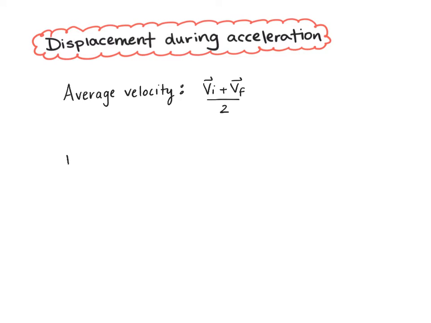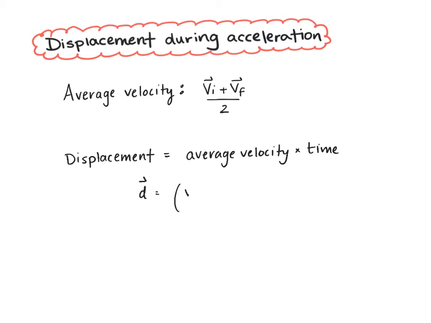And then we know that displacement is equal to average velocity times time. And so we can rewrite this formula as displacement is equal to initial velocity plus final velocity over 2 times the change in time, or the time over which that acceleration occurs.